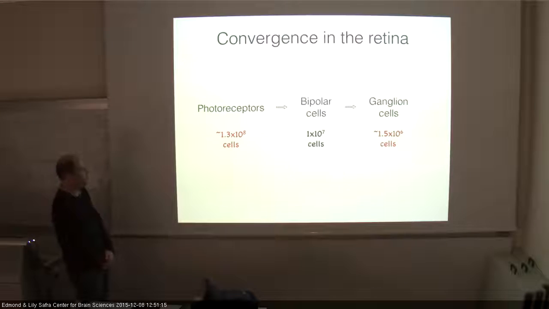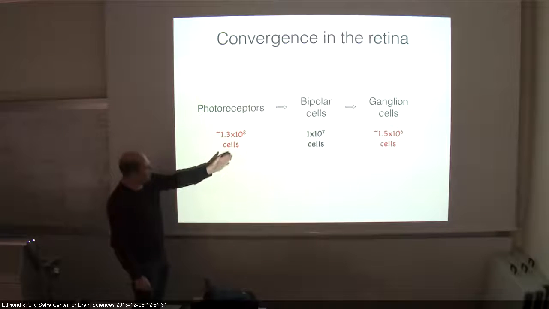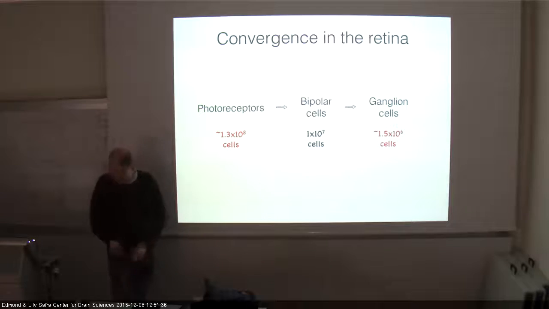Then if we go to the ganglion cell layer, there's another reduction by a factor of 10. The photoreceptors themselves generate some limited resolution version of the visual scene, which is infinite dimensional, a continuous signal. But from the level of the pixelation of the photoreceptors, there's a reduction in the number of outputs by a factor of 100.